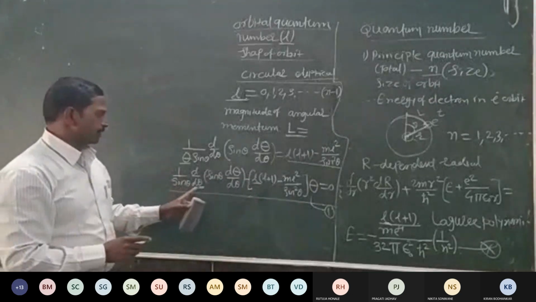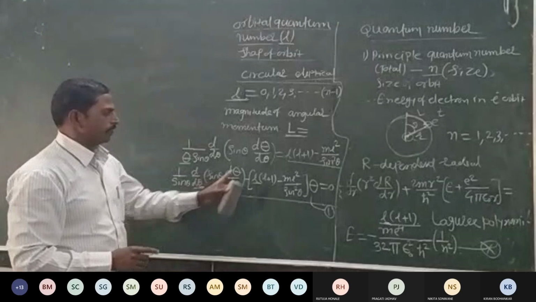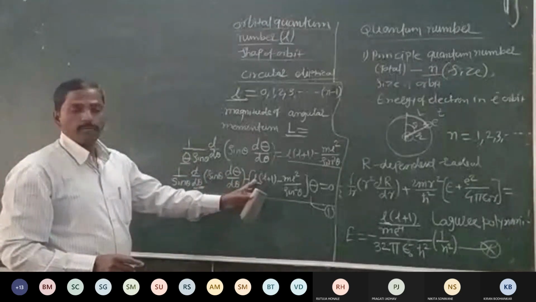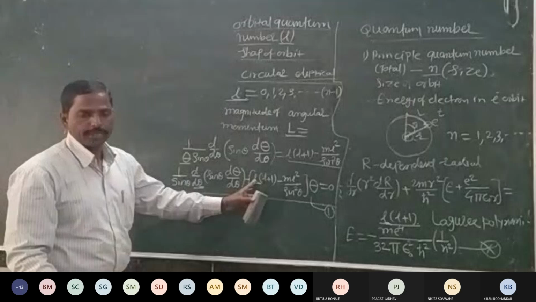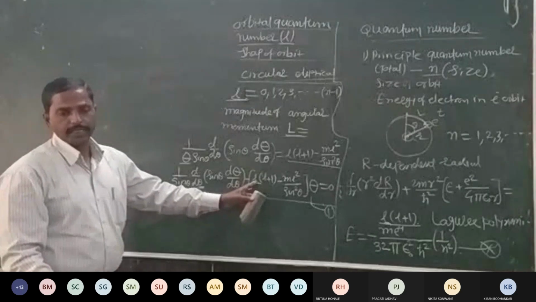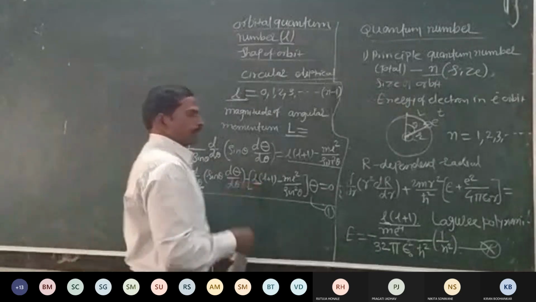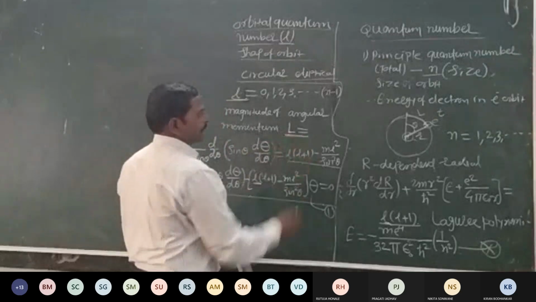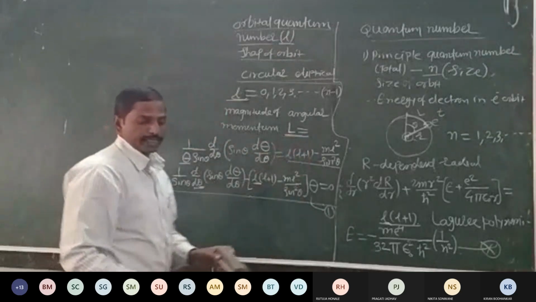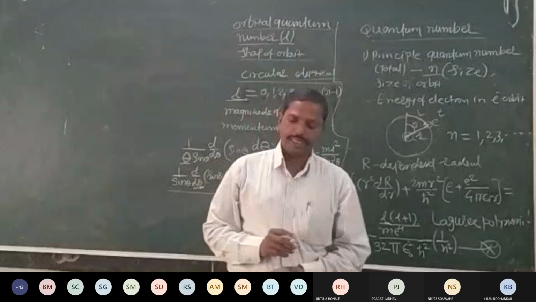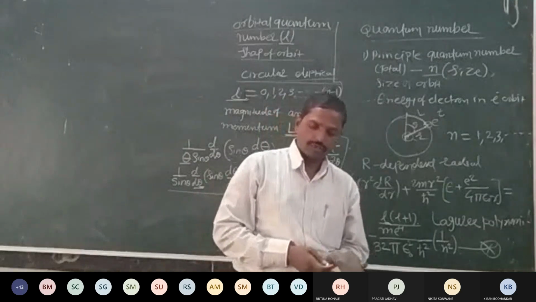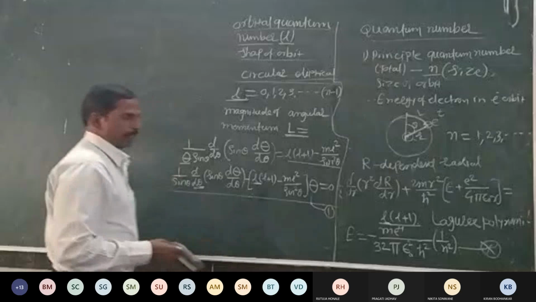When we get the value of theta, we can find this L. So on putting the value of theta, you will get the orbital quantum number L, and from this orbital quantum number L we can find the magnitude of the angular momentum L.